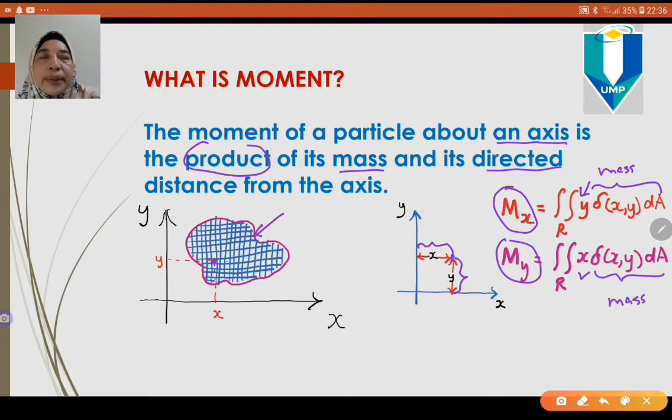Moment about the x-axis, you multiply the y value with the density function and integrate using double integration with respect to dA. And moment about the y-axis, you multiply the x value with the density function and integrate that with respect to dA.